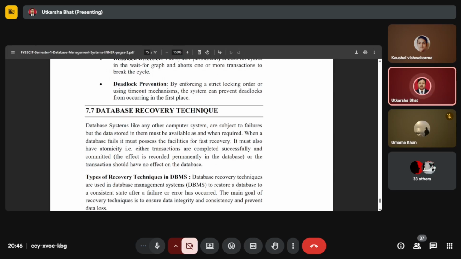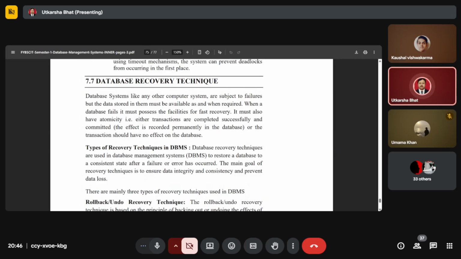It must also have atomicity, that is, either transactions are completed successfully and committed, with the effect recorded permanently in the database, or the transaction should have no effect on the database.